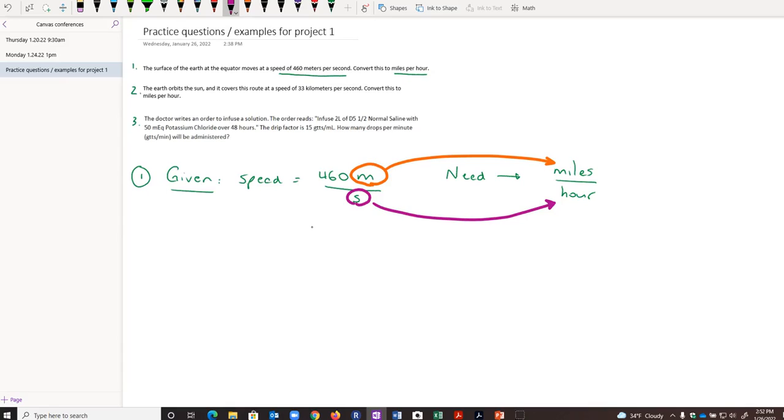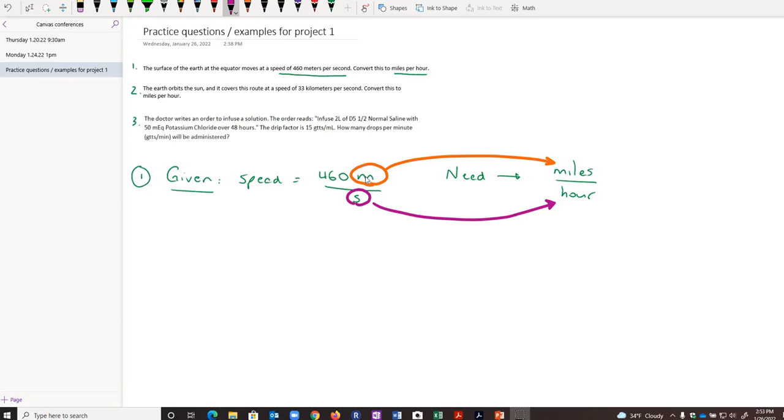So we can break this question down into a couple pieces. We see there's a distance component, there's a time component, and then we want to establish the relationships that we're going to use to get from where we're starting to where we want to end up. So we want to establish some relationships or some equalities to allow us to do this.